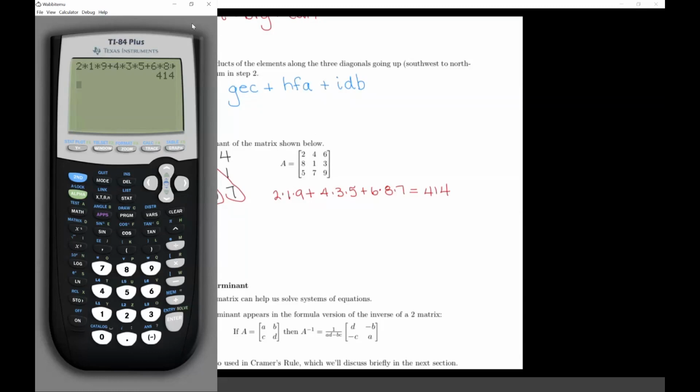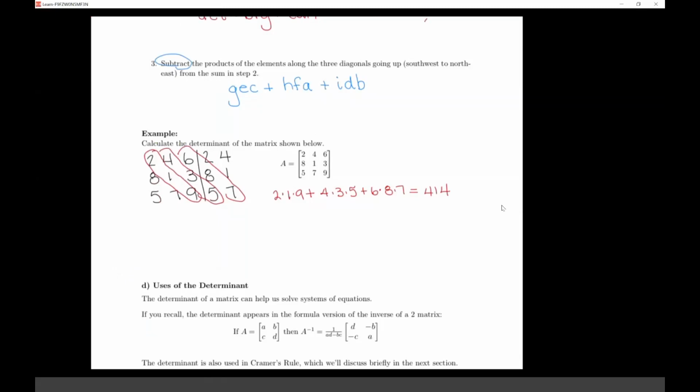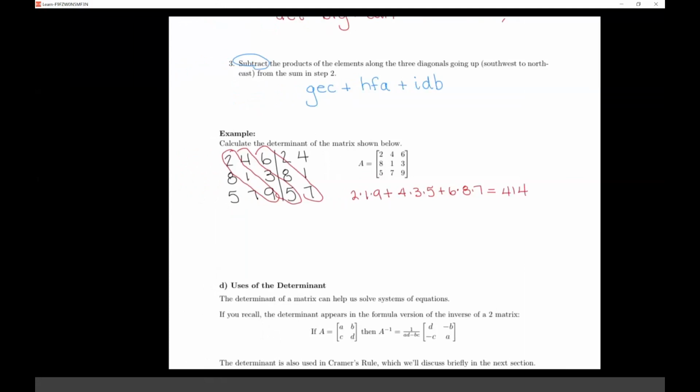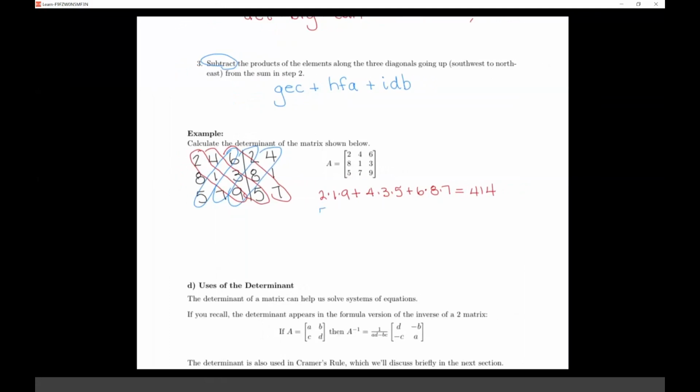So then what I need to do is figure out what my upward diagonals are. Those are going to be 5, 1, 6, 7, 3, 2, and 9, 8, 4. So 5 times 1 times 6 plus 7 times 3 times 2 plus 9 times 8 times 4.